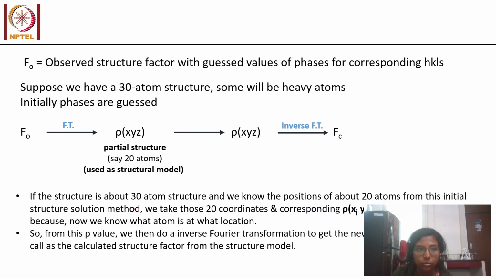Till now we have talked about structure factors, right? What usually happens is, suppose we want to collect the data of a manganese organometallic system. We have a manganese center.